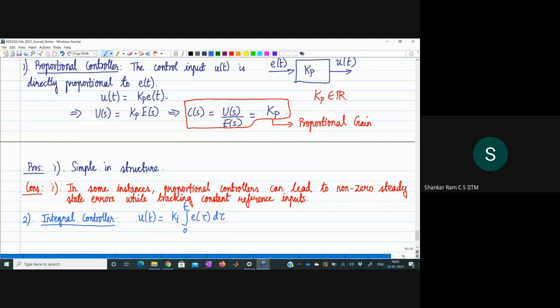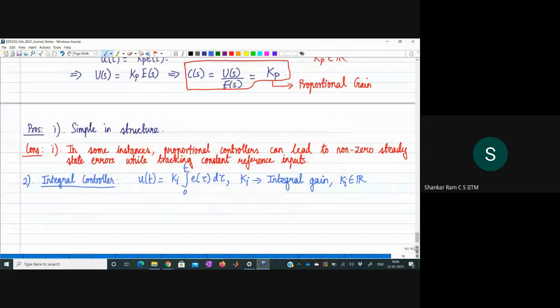We take the integral of the error over a time interval, integrate that error history, and multiply with a parameter called Ki, the integral gain, a real number, and that will be the control input.